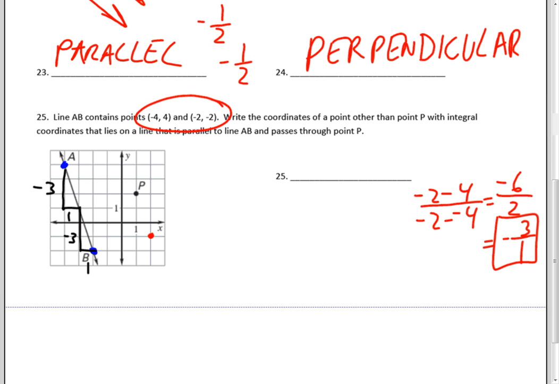Well, that's the same as saying negative 3 over 1. Rise, I go down 3. Run, I move to the right 1. How you do it is up to you when you get this type of problem on the SOL. You can do your rise over run, you can do the slope formula. I recommend doing both. You have unlimited time. Why not do a check?